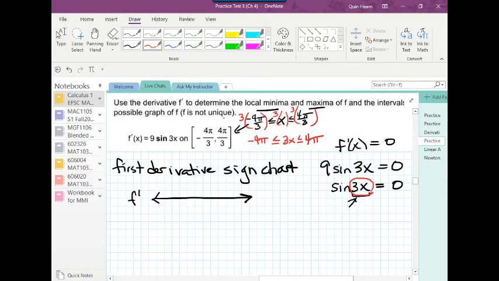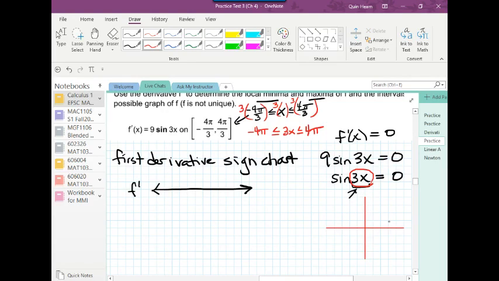So they told us that our domain is negative 4 pi over 3 to 4 pi over 3. That means that all of our x values have to be between negative 4 pi over 3 and 4 pi over 3. But to solve this trig equation, we actually have to solve for 3x.